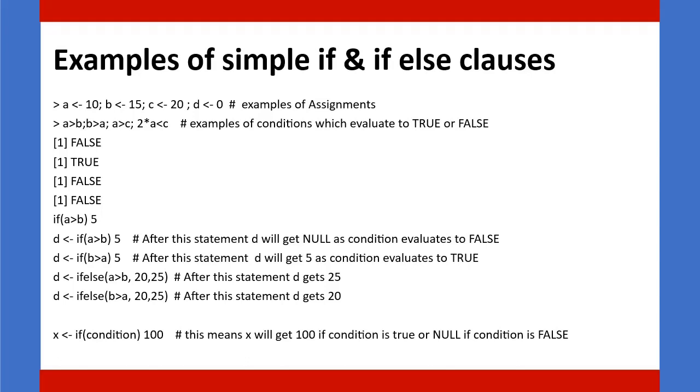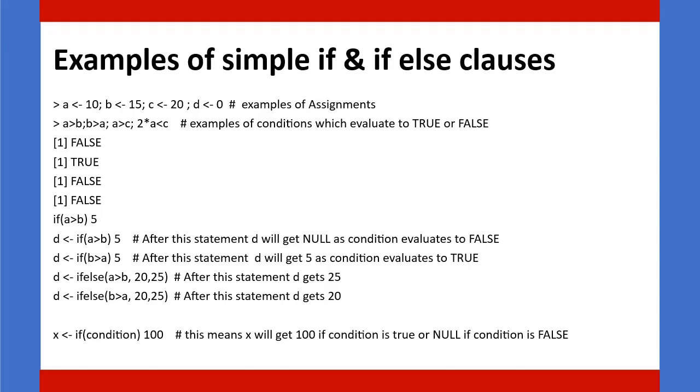So that is seen by the next statement, that is D is assigned if A greater than B, 5. So if A is greater than B, which is not true, then 5 cannot be assigned, therefore null will be assigned. In the next statement, B greater than A is true, therefore 5 will go to D.